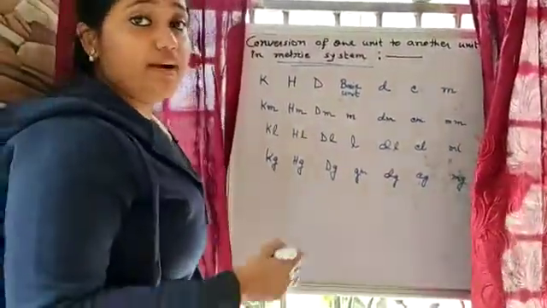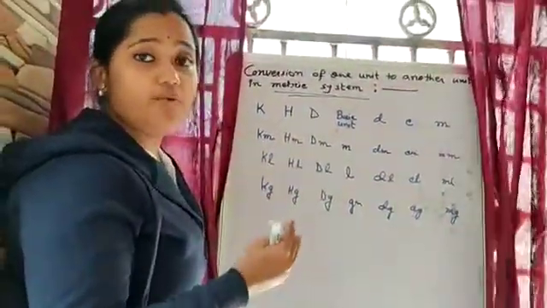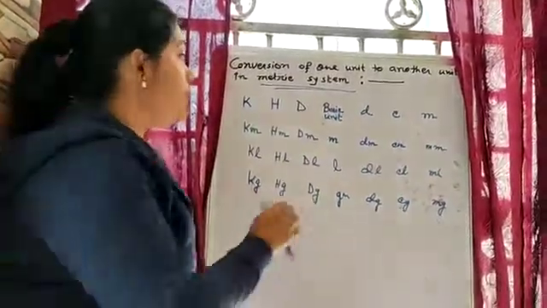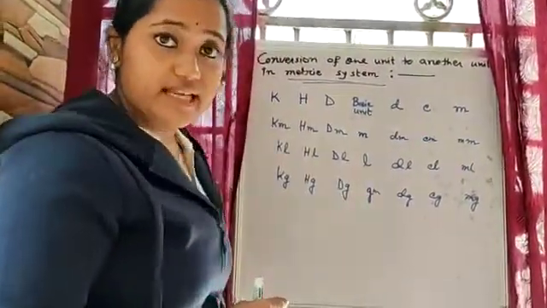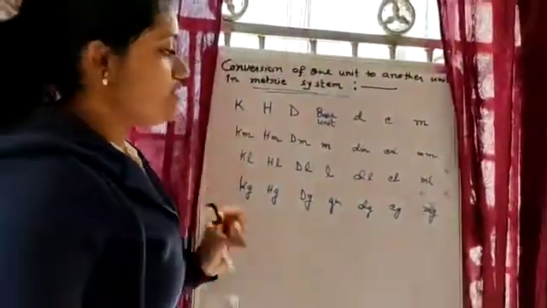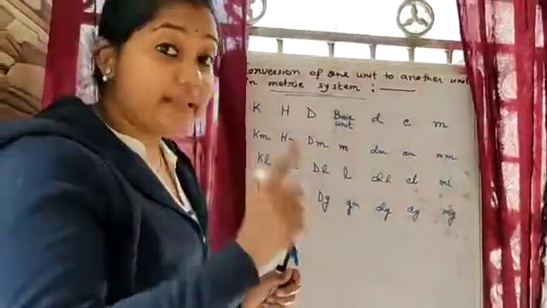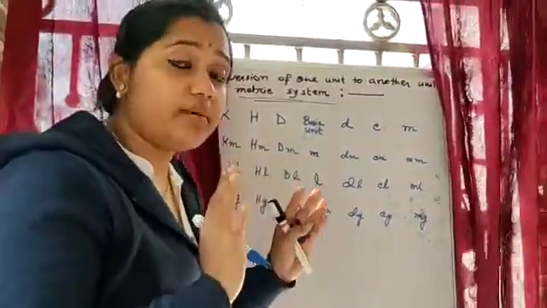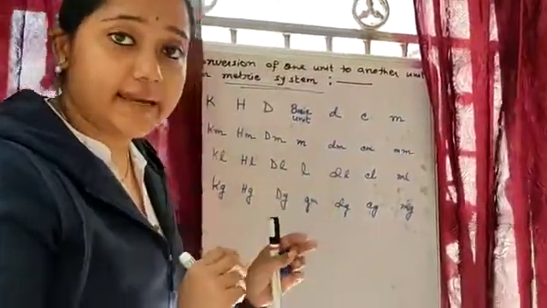So these are the basic structure of the unit system in the metric system. When we are measuring some quantity in the metric system, we use these headers to specify how much quantity is there.